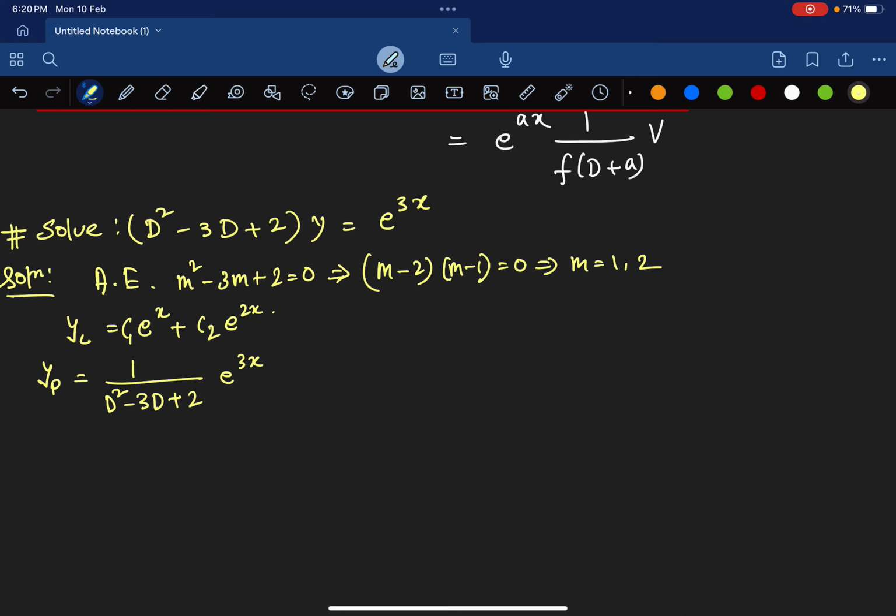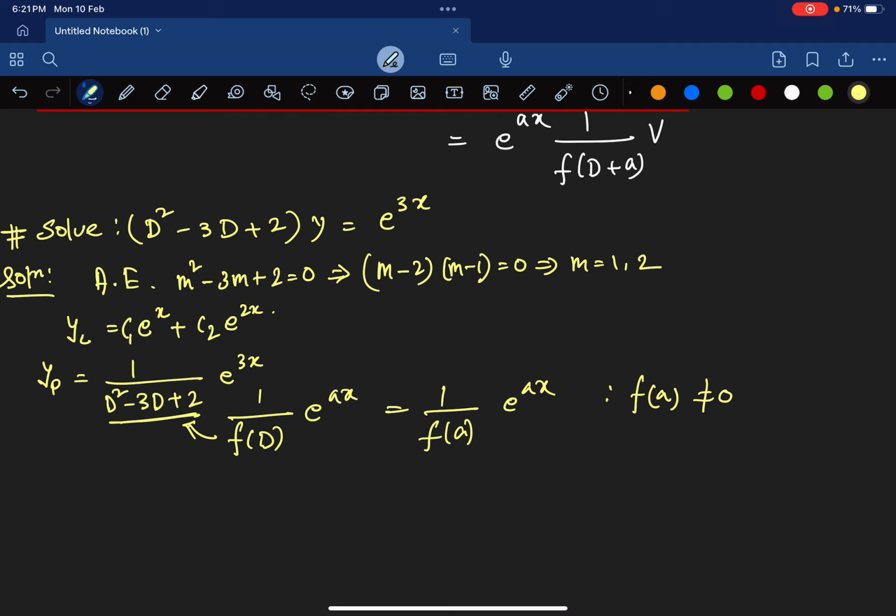Now what was our first formula? This is nothing but f of d. So what you need to do? 1 by f of d e power ax. This was our formula, and you need to have 1 by f of a e power ax provided f of a is not equal to 0. This was our formula. Okay, now see, as per this formula, you just need to check this term by putting d equals to 3, whether it is 0 or not.